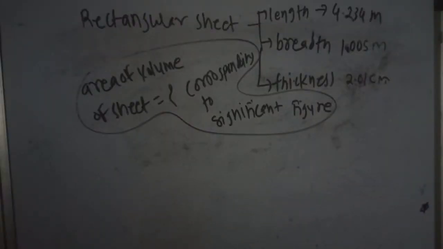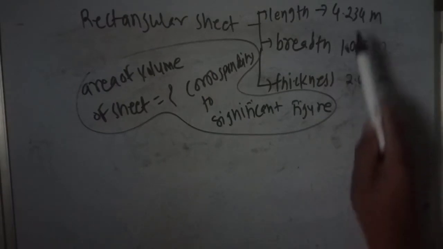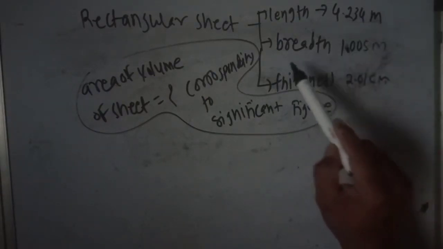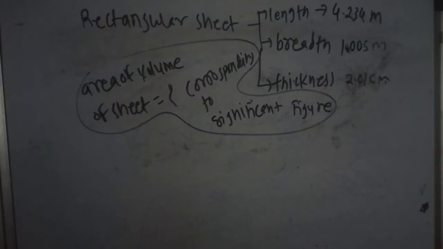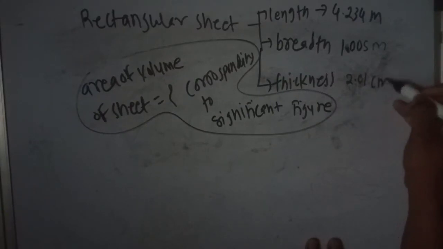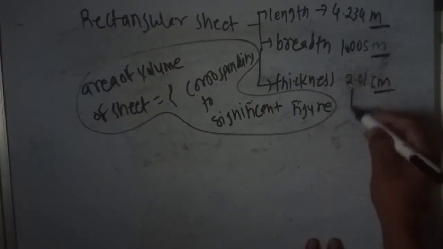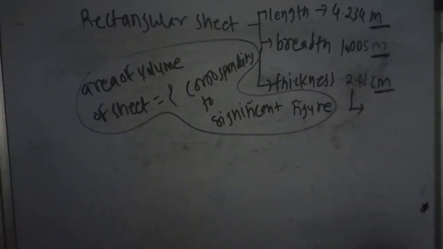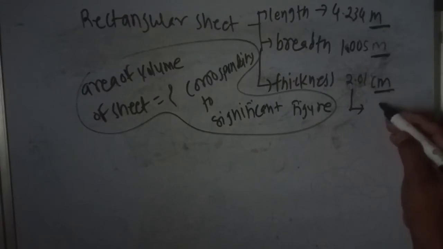Let's see the next numerical. We are given a rectangular sheet. The length of the rectangular sheet is 4.234 meter. The breadth of the rectangular sheet is 1.005 meter. The thickness of the rectangular sheet is 2.01 centimeter. Here the unit is meter, here meter, but it is centimeter. So we need to convert it into meter. For conversion to meter, we multiply by 10 raised to minus 2.